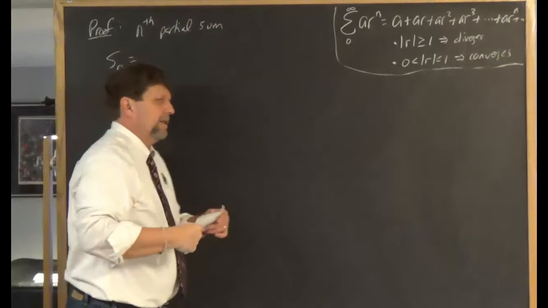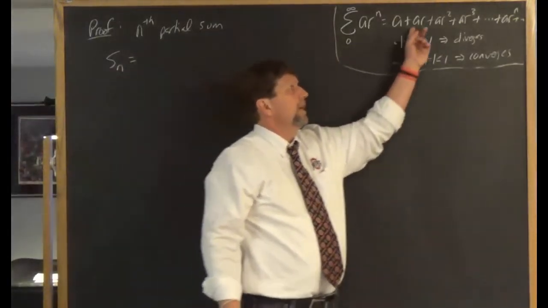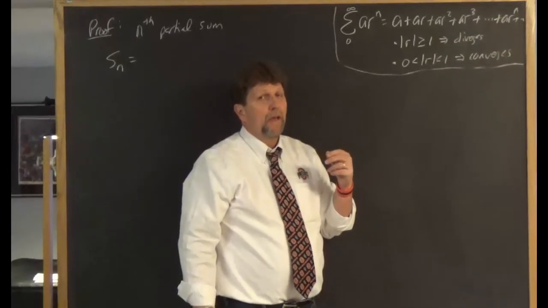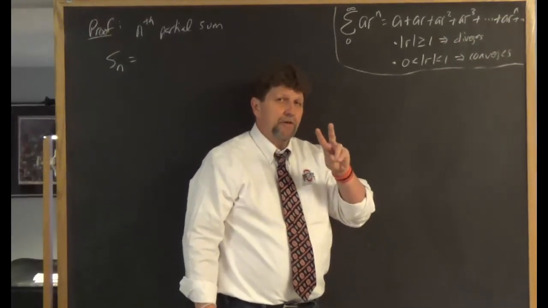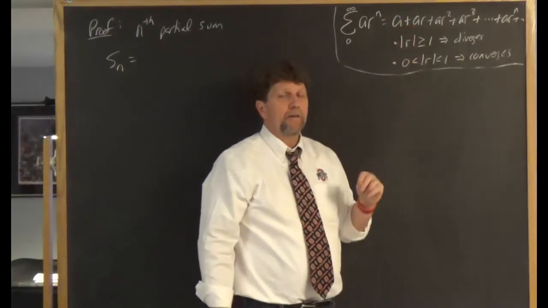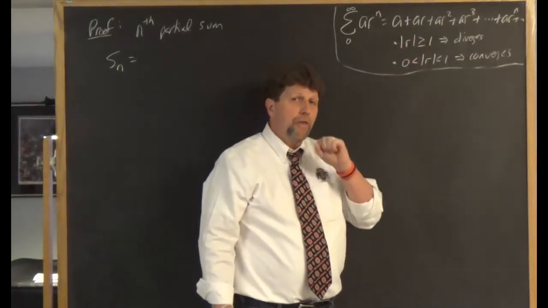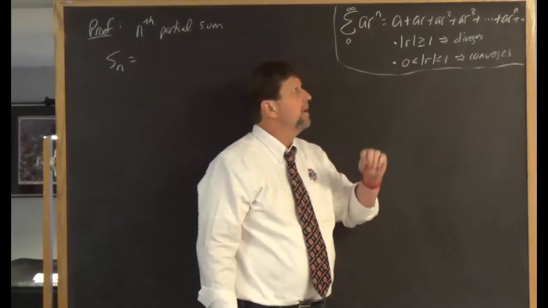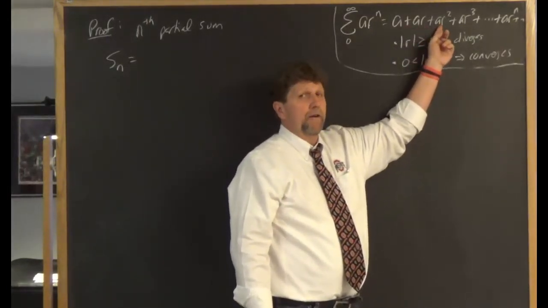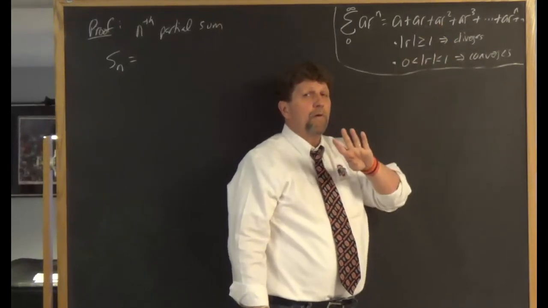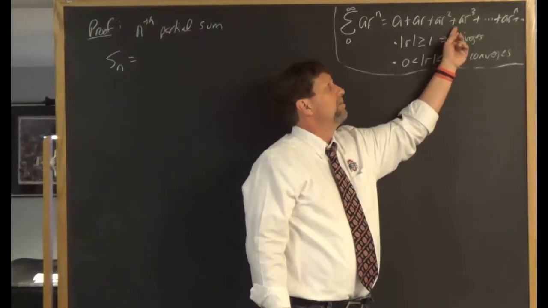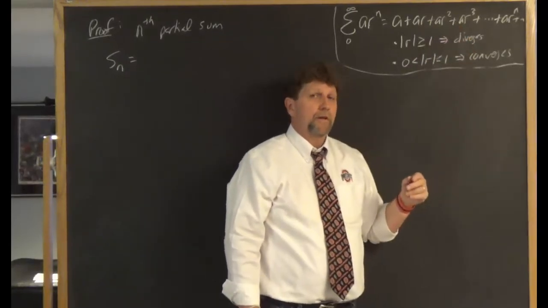Okay, so now let's just come over here and look at this. I need you to understand something about exponents. If I ask you for the second partial sum, that would be A plus AR. The third partial sum would be A plus AR plus AR squared. The fourth partial sum, A plus AR plus AR squared plus AR cubed.